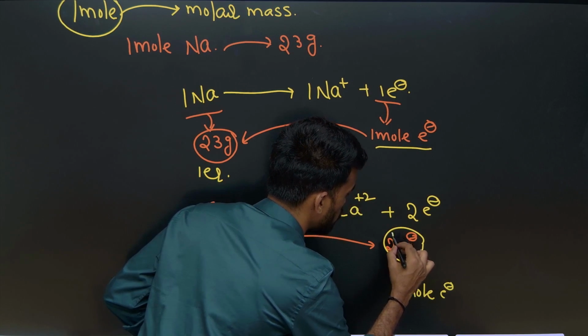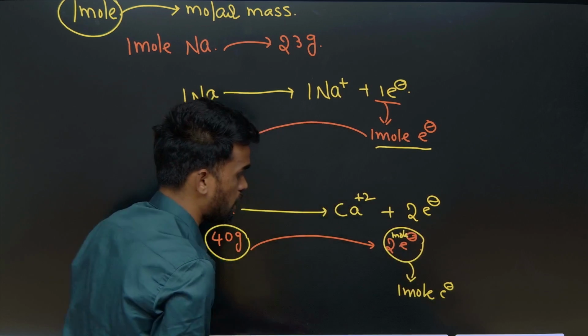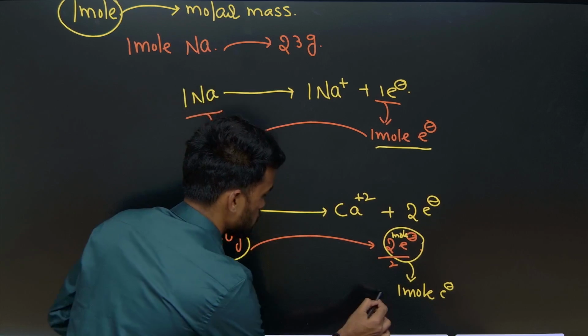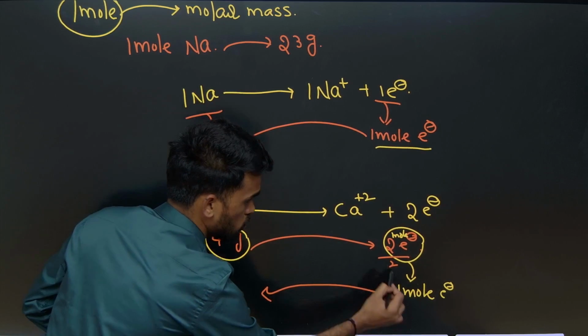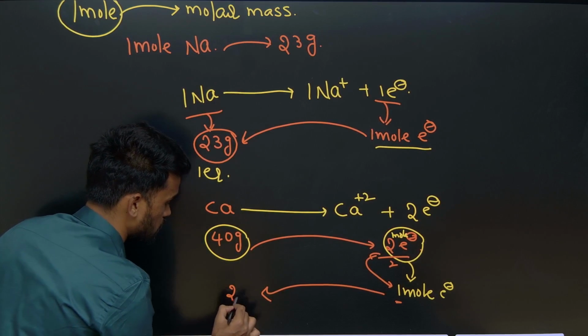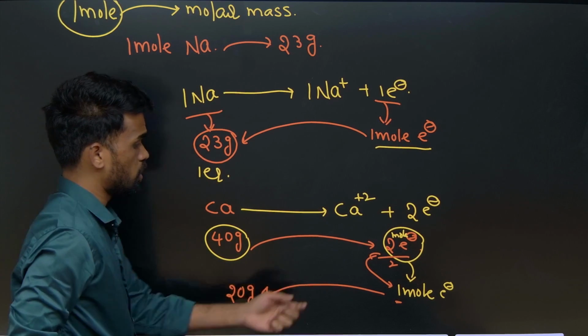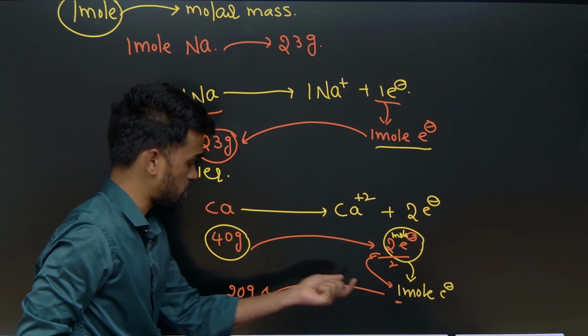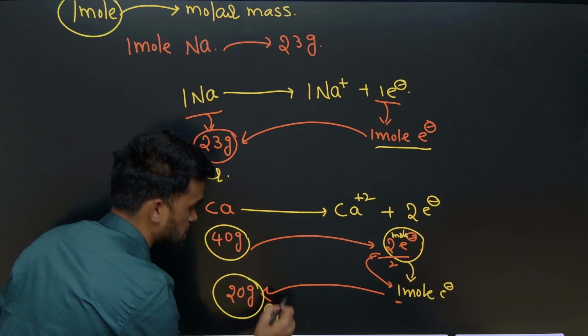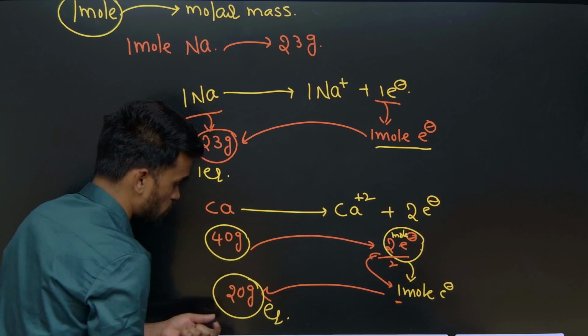Here we have 2 moles of electrons, so for 1 mole you need to divide by 2. So it will be 20 grams. For 1 mole of electrons we require only 20 grams. So this is what the equivalence is.